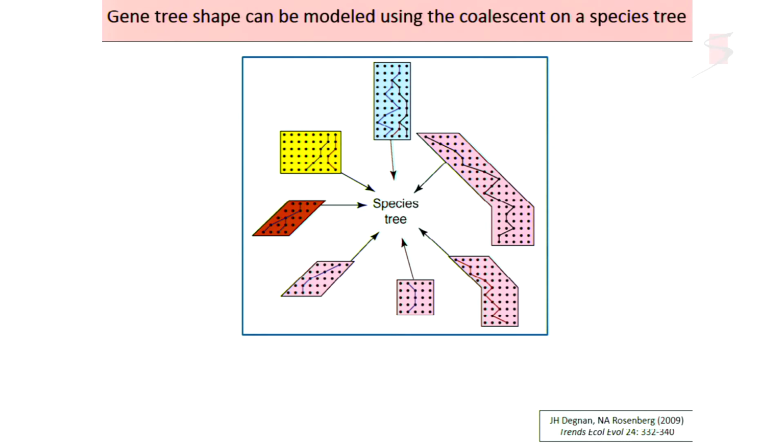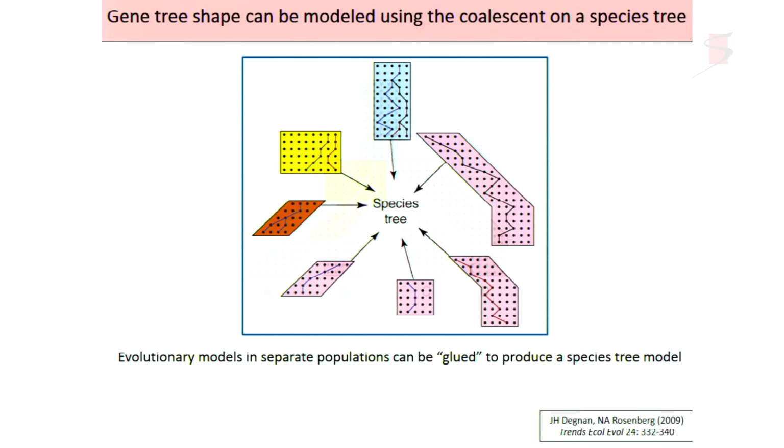The natural approach would be to try to do something using a multi-species version of the coalescent. And what I mean by that is that we have coalescent models running separately in each of a set of species, and we put them together on the branches of a species tree.